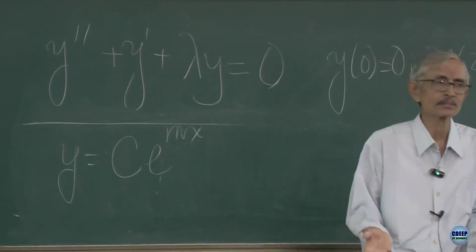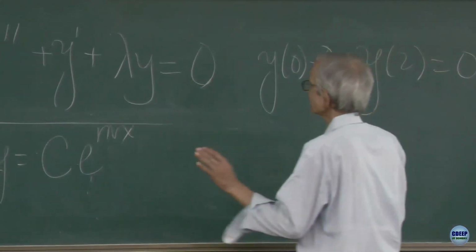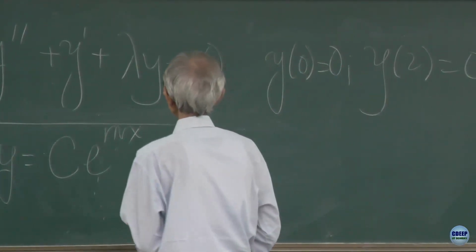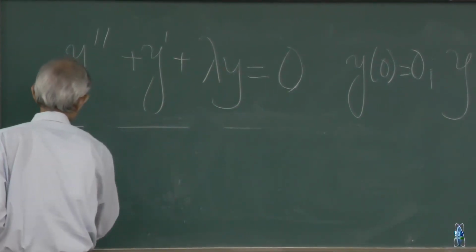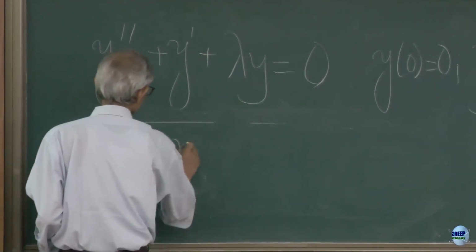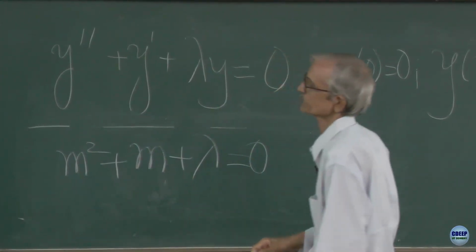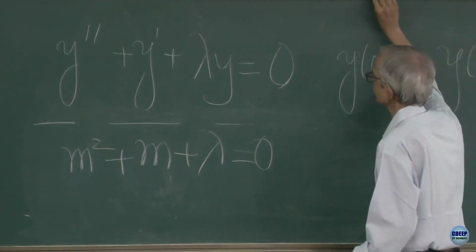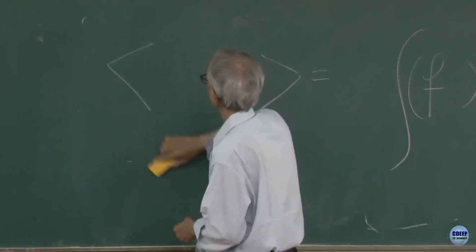You assume that the solution looks something like that, and then brute force plug it in and see what happens. You are going to get m square plus m plus lambda equal to 0. This is the equation that we need to solve to get the m's.